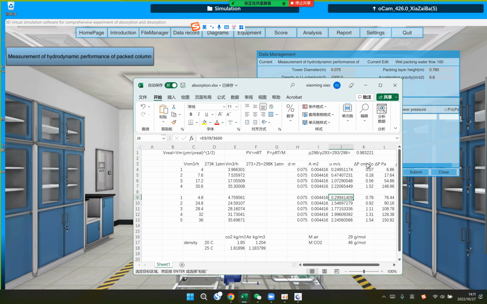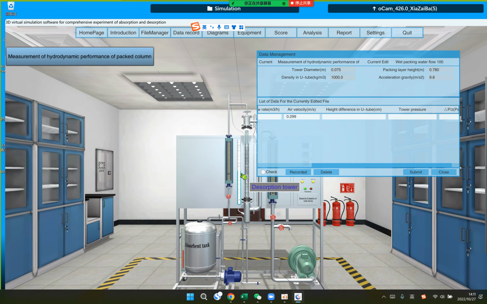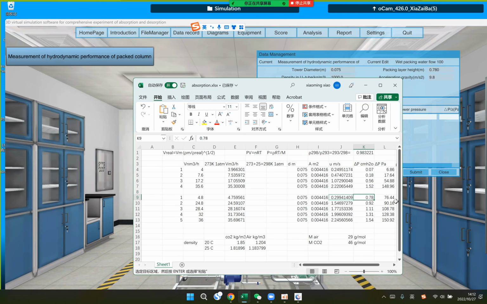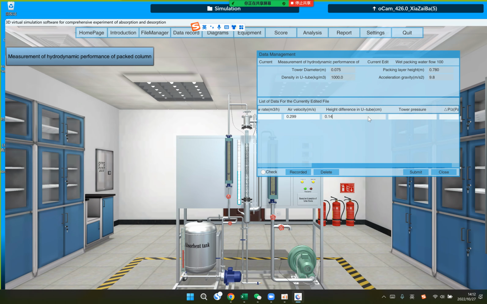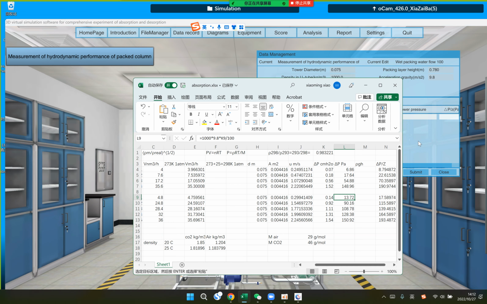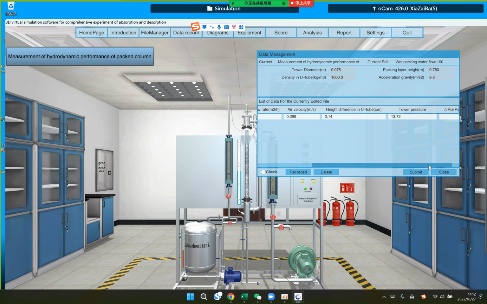But now we find it's 0.14. So it is increased. So the first one is 0.14. The total pressure is this part, and also this one.